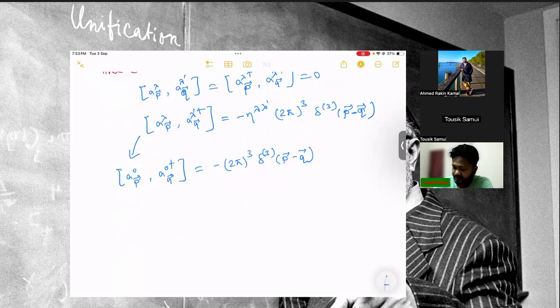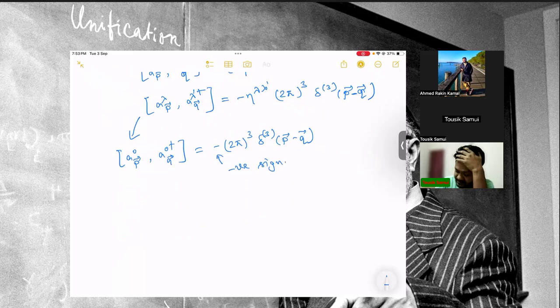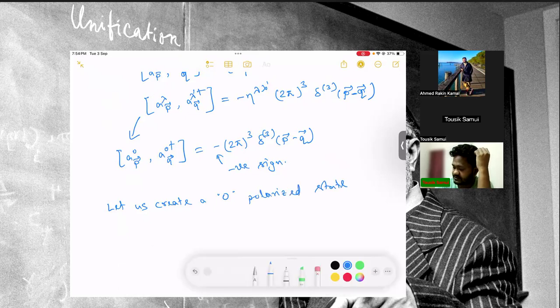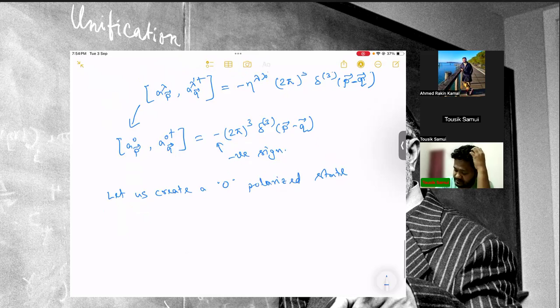This already is a problem because there is a negative sign. Okay, so why is this a problem? Because let us create a state. Let us create a zero polarized state, with some momentum.